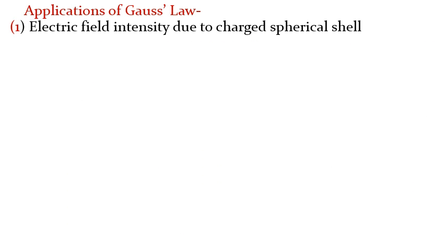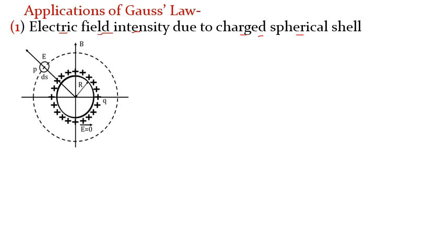Application of Gauss law. First application, electric field intensity due to charged spherical shell. If question is like this, obtain formula for electric field intensity due to charged spherical shell, then we have to start from diagram. So see this diagram.